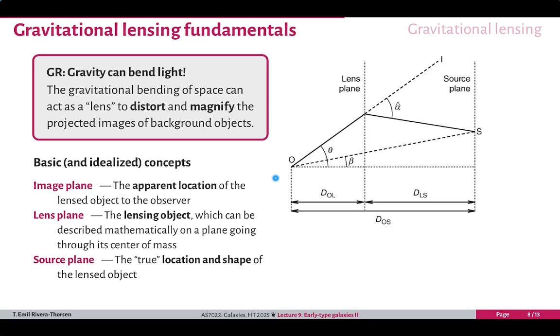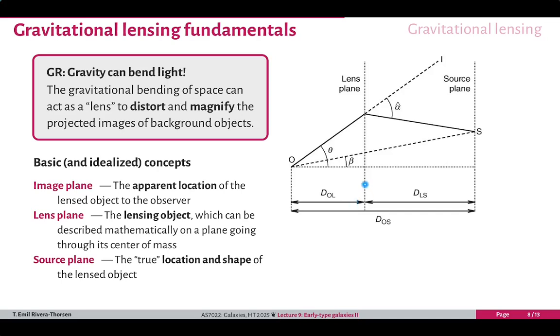So we start out by defining the source plane and the lens plane. The source plane is basically a plane, both physically and mathematically speaking, which is perpendicular to the line between the observer and the lens, and at the same distance as the background source.